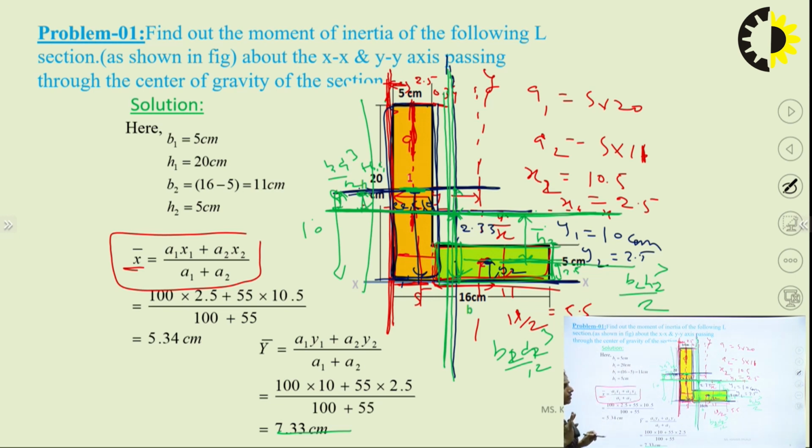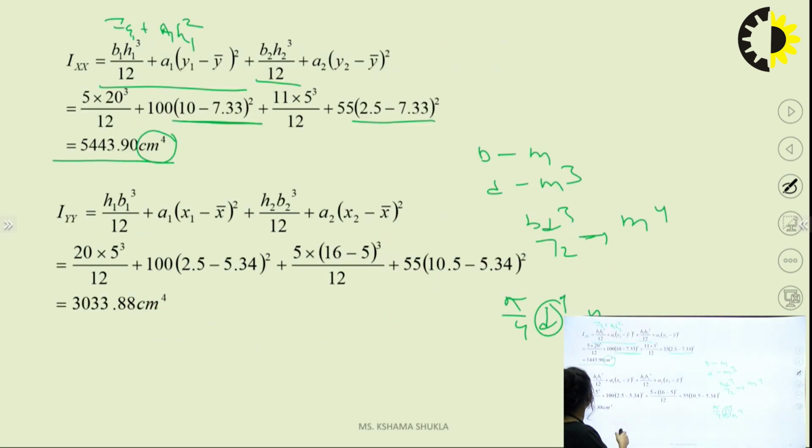So B is converted into D and D is converted into B. So I use H1 in place of B1 and B1 in place of H1. So H1 B1 cube by 12 is the moment of inertia about the centroidal axis of that particular section, that means the first rectangle gives the value about the first section only.